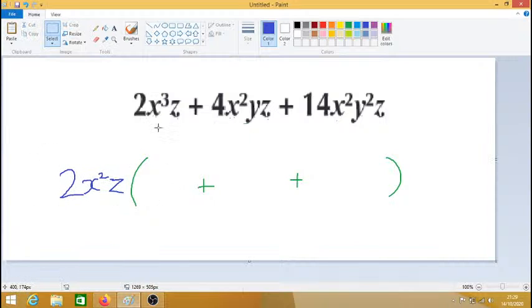And then just looking at the first term, what else do I need so that I can multiply with the 2x squared z and get this answer here? Well, I don't need any more numbers because 2 has already been pulled out and that's the only number there. I'm going to need another x because x squared isn't enough.